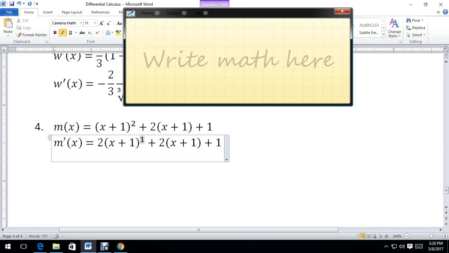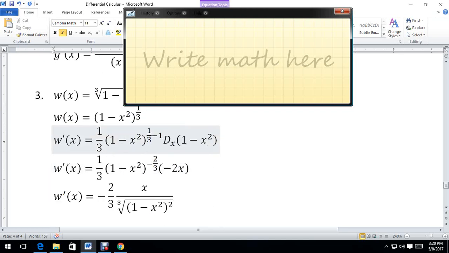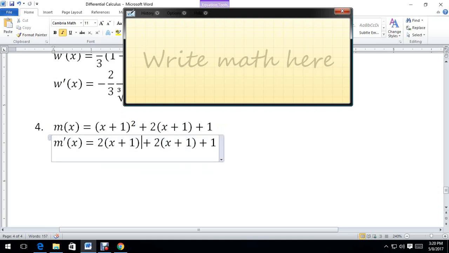And since this is only raised to 1, we could drop the symbol for 1 and simply express it as x plus 1 times, so meaning we need to multiply this with, since this is chain rule, the derivative of the base x plus 1. Right? Okay, so I'll just leave it as is.